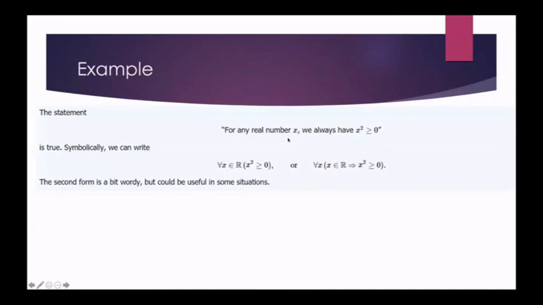You know real numbers, right? If you put any real number here, it's always true. For example, 0: 0 squared is greater than or equal to 0. You put 1: 1 times 1 is 1, greater than 0. You put negative 1: negative 1 squared is greater than 0. Even if you put a fraction, it's always greater than or equal to 0, whether it's a negative or positive fraction or negative or positive decimal number.